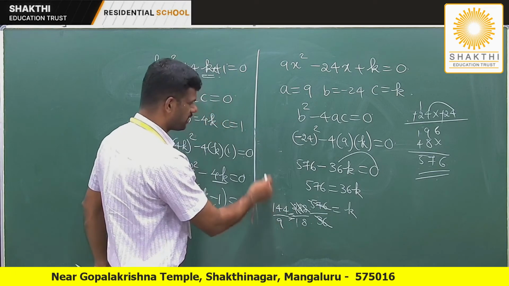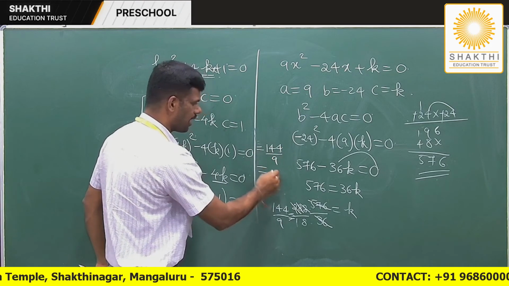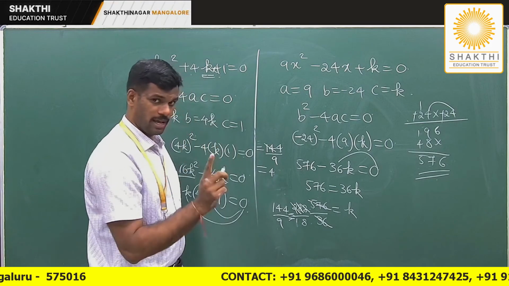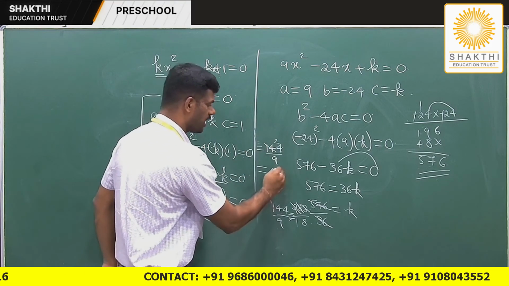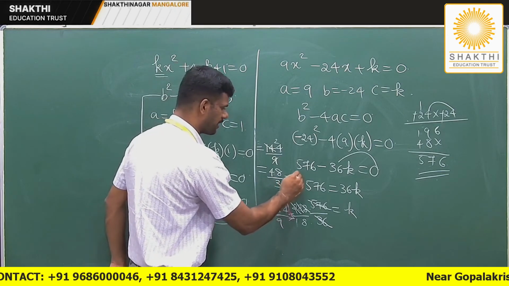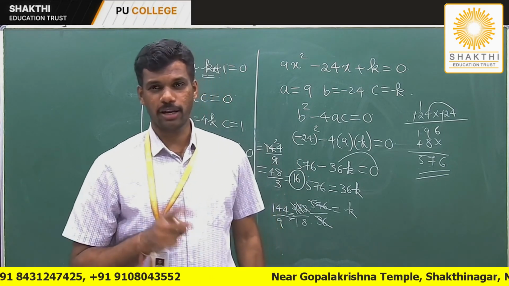I simplify this using the number 3. 144 divided by 3 is 48, and 9 divided by 3 is 3. And you know 48 divided by 3 is 16. And 16 is the answer for the value of k.